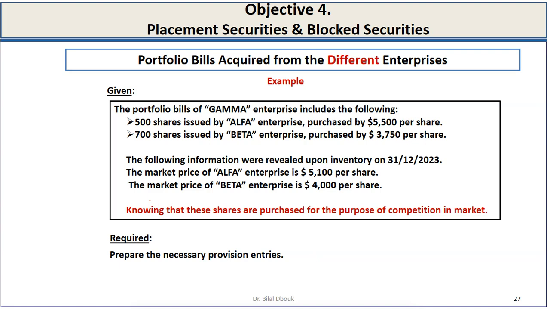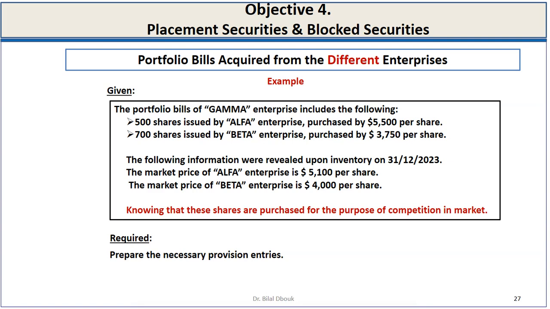Let's see another example for portfolio bills acquired from different companies, from different enterprises. The portfolio bills of Gamma Enterprise include the following: 500 shares issued by Alpha Enterprise purchased at $5,500 per share. We have 700 shares issued by Beta Enterprise purchased at $3,750 per share.